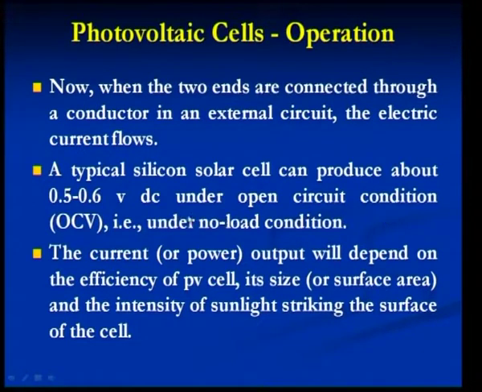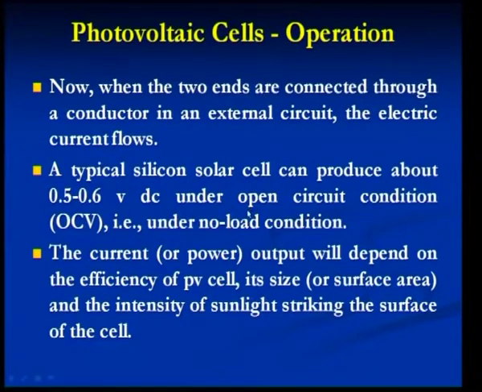This is called OCV or OCP condition, that is, under no load condition. That means, when current is not being drawn, the maximum potential achieved could be 0.5 to 0.6 volts in a small silicon based solar cell.